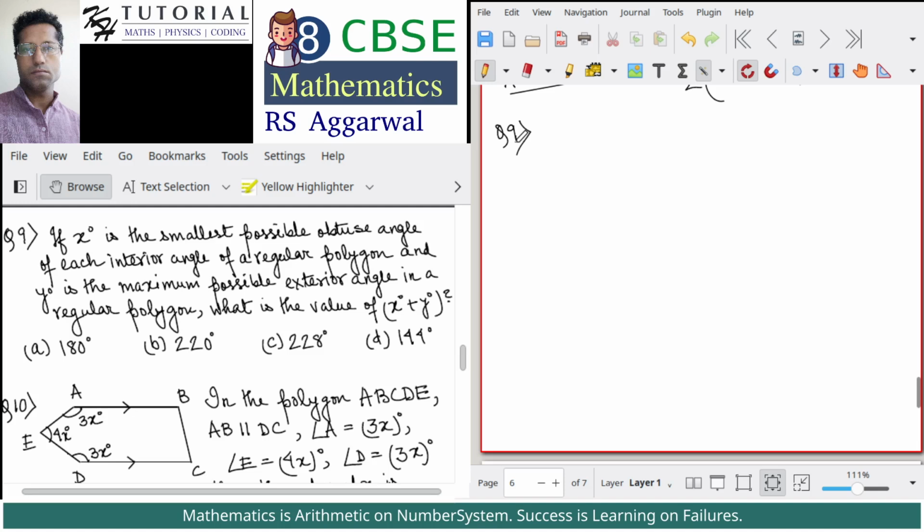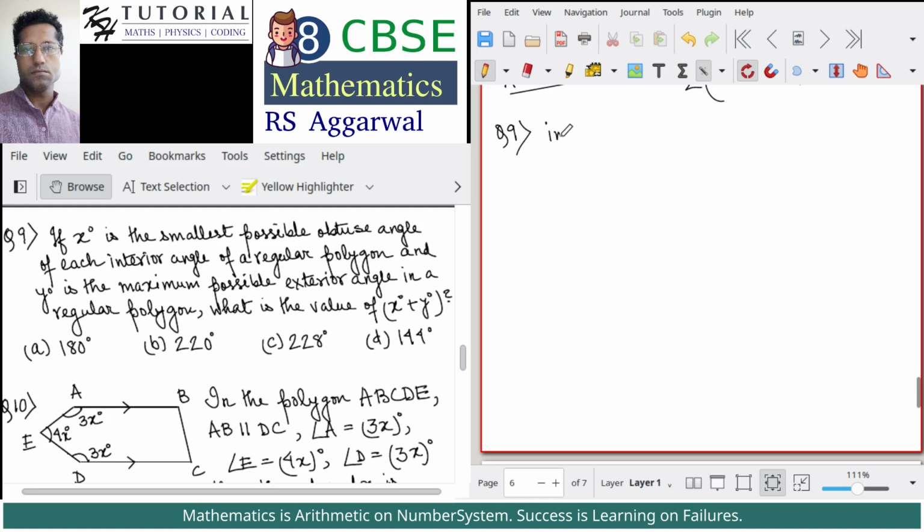X degree is the smallest possible obtuse angle of each interior angle of a regular polygon. So it is talking about a regular polygon.